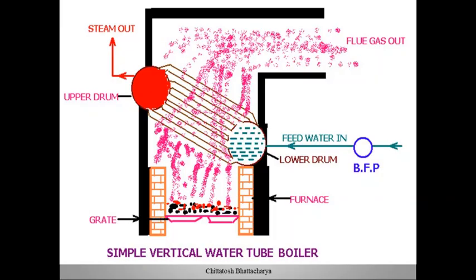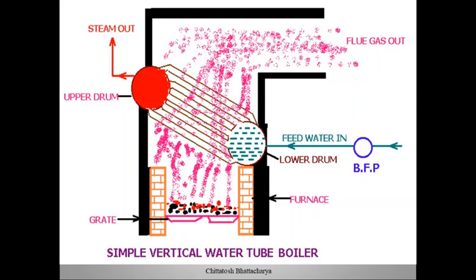In the primitive stage of simple vertical water tube boilers with a two drum arrangement connected by boiler bank tubes, the arrangement was such that feed water was taken in the bottom drum or mud drum, and fuel like lump coal was spread on the travelling grate at the bottom and burnt.